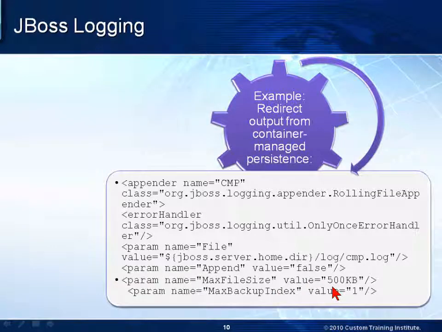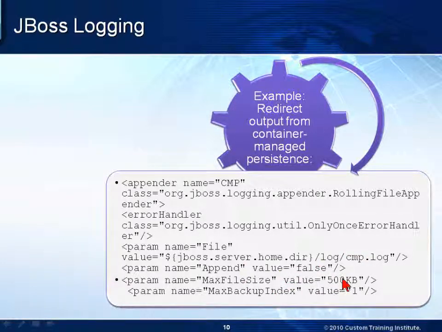So when we are writing stuff out, we want any output from container managed persistence to go out to this CMP log file, which we are arbitrarily designating to go into the JBoss server home directory /log/cmp.log, and write it out to this file.